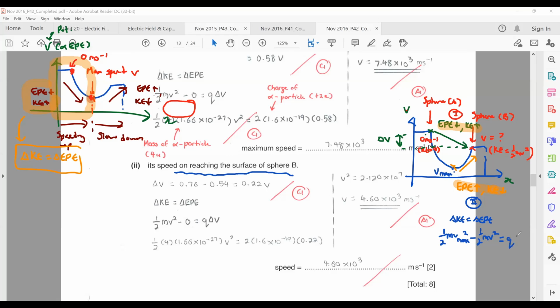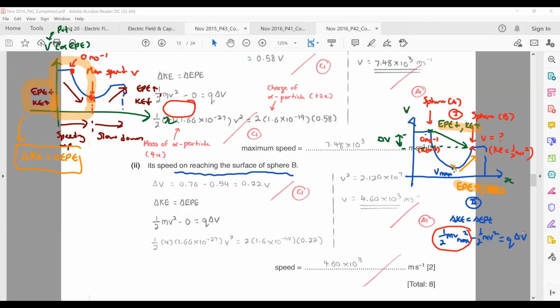Then it goes to Q delta V. Alright, so you see the biggest difference here will be in the change in KE. If I'm using this one here, I do not have a 0. It's actually half mv max square minus half mv square. But this one here, because I'm considering from here to here, one of the values will be 0. That's why it's like this. But when I consider it this way, it won't be 0. Okay, so that is one of the biggest differences in your method here. So you need to be careful of it.